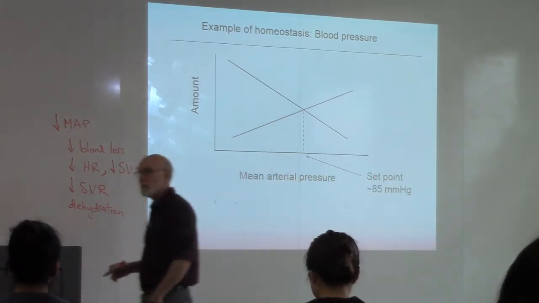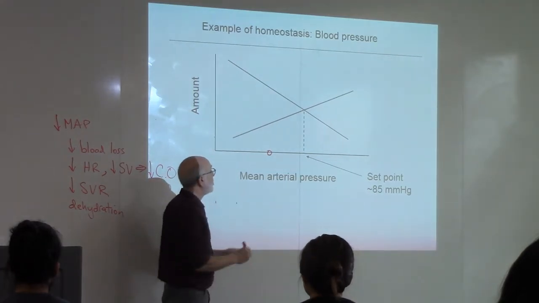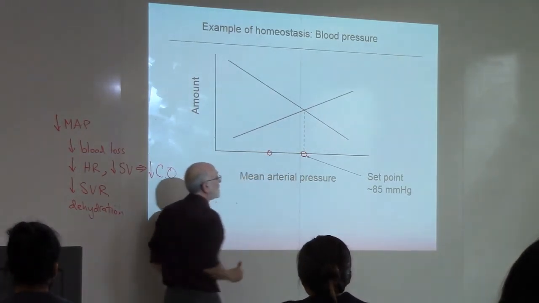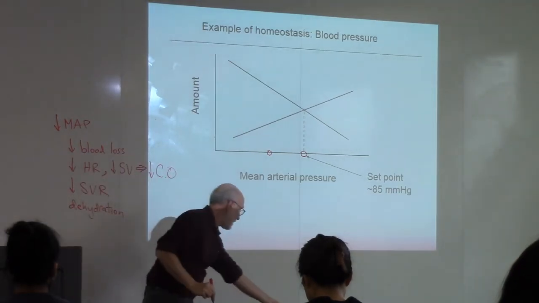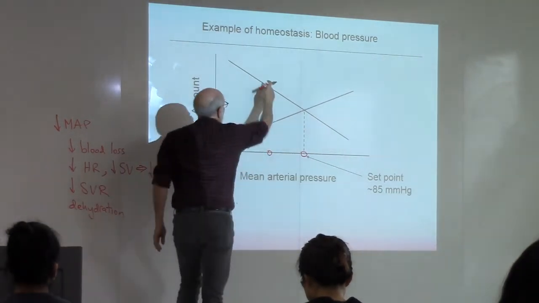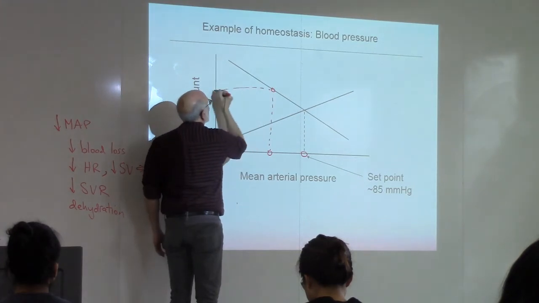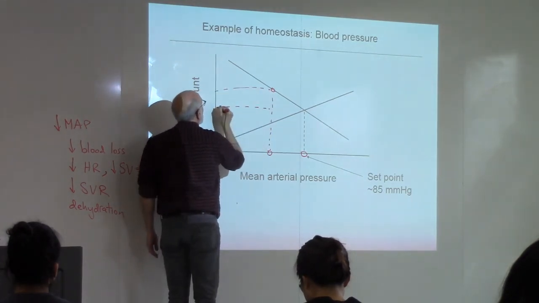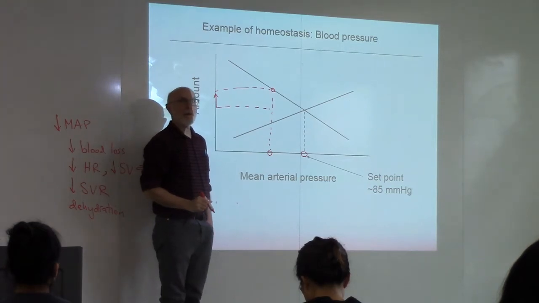I'm down here, a decrease in mean arterial pressure, a decrease from the set point. There are things whose activity has increased. What are some of those things?